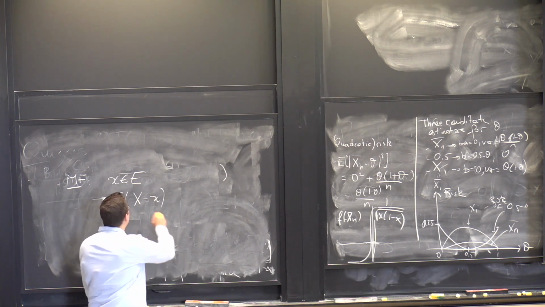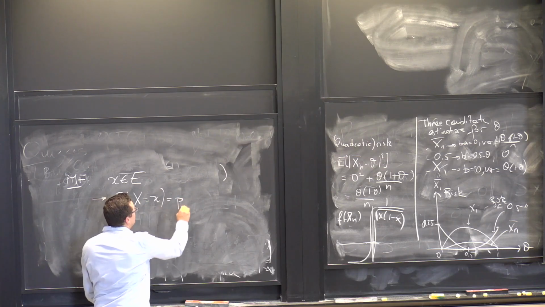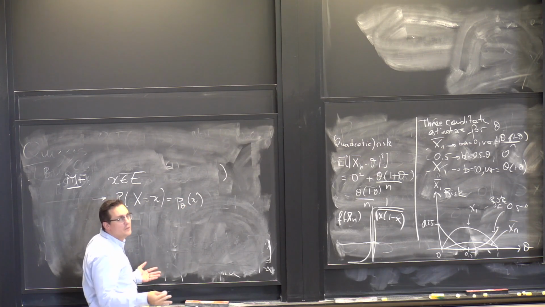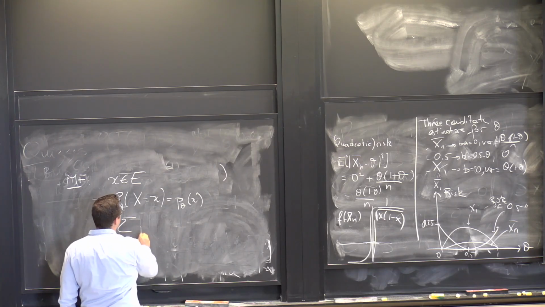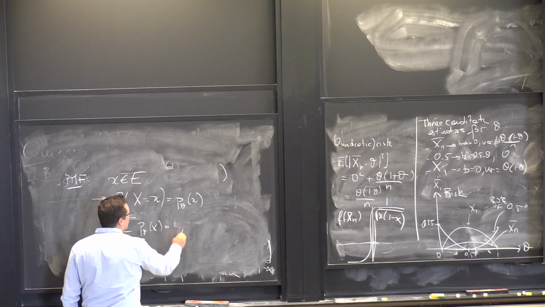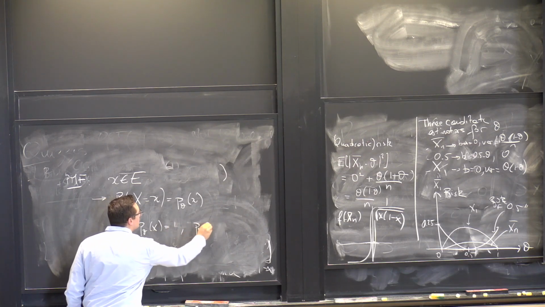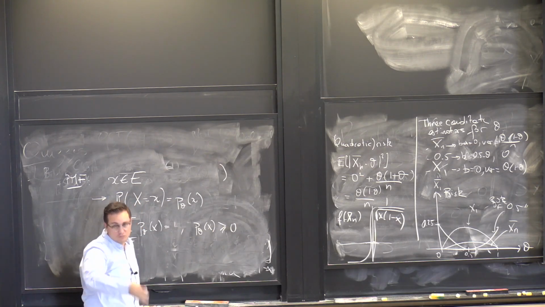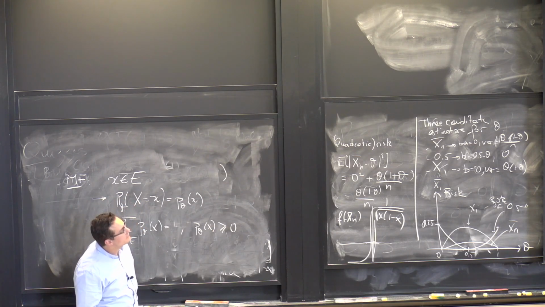OK, and I will denote it by p sub theta of x. So what I want is, of course, that the sum of the probabilities is 1. And I want them to be non-negative. Actually, typically, we will assume that they're positive. Otherwise, we can just remove this x from the sample space.